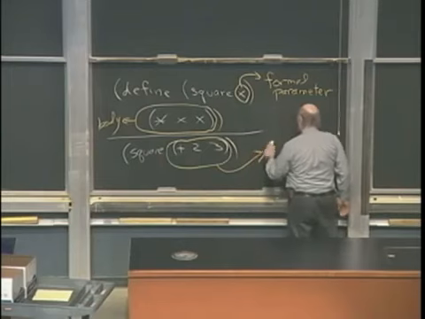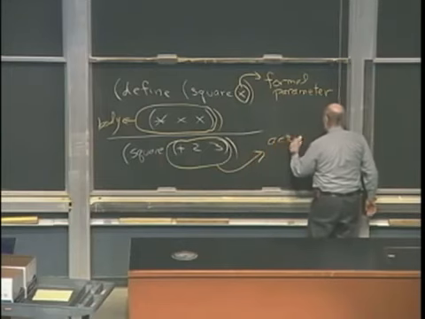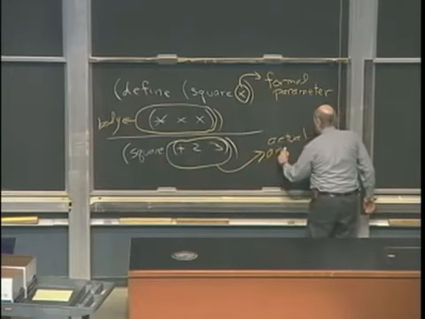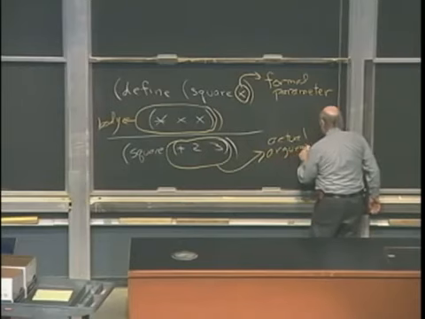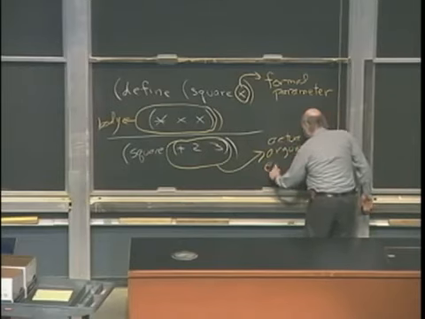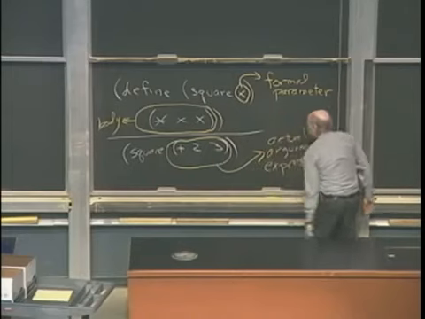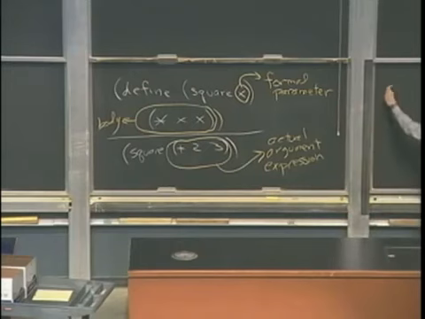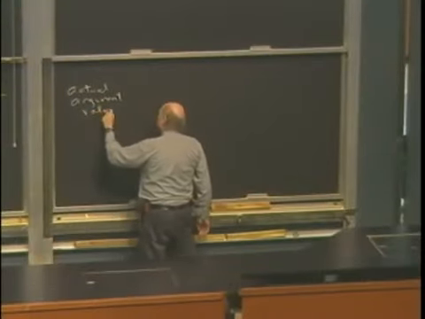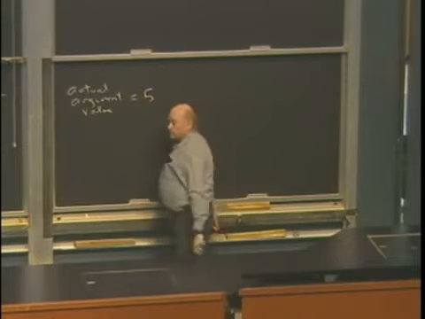This is the actual argument expression, and then a sort of invisible thing is the actual argument value, which is 5.